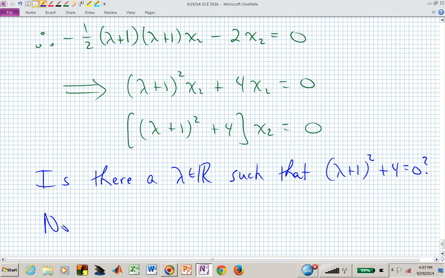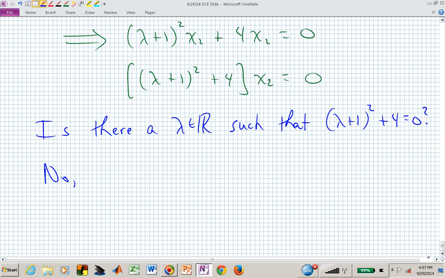And I think it's fairly clear, phrasing it that way, that we can't find a real lambda that will allow that to happen. If we look at that, we can see that lambda plus 1 squared plus 4 is always greater than or equal to 4, which is greater than 0, no matter what we pick for a real value of lambda.